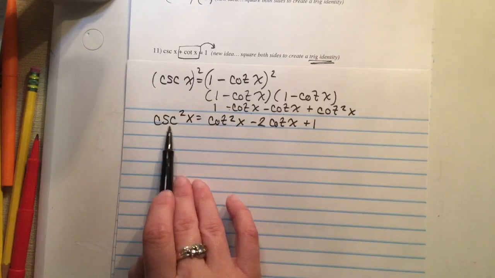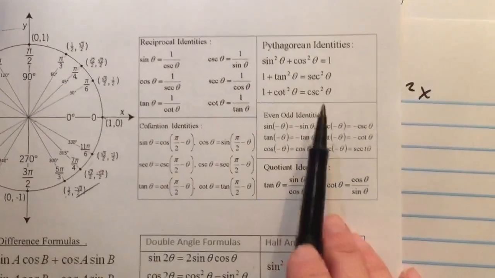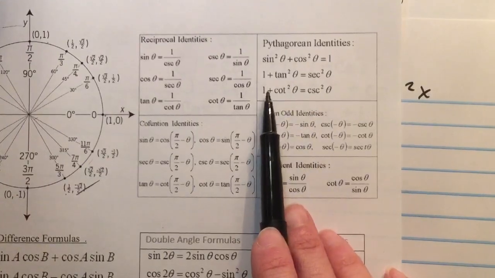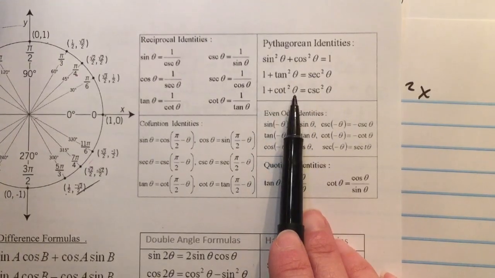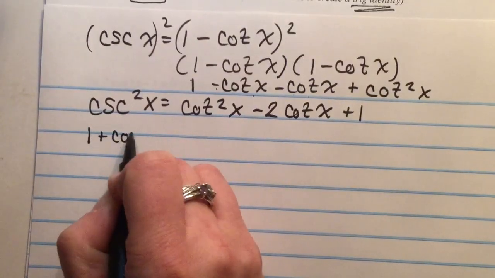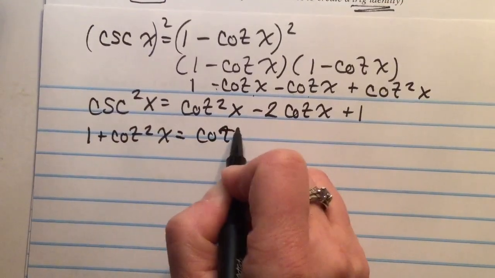I'm looking for cosecant squared of x. This is a Pythagorean identity, you guys. If I have a cosecant squared of x, I can replace it with 1 plus a cotangent squared of x. So I'm going to go ahead and do that. This is 1 plus a cotangent squared of x because they are equivalent to one another.